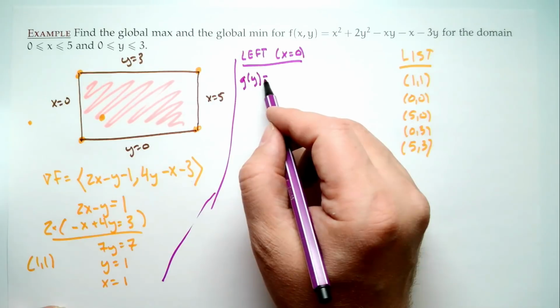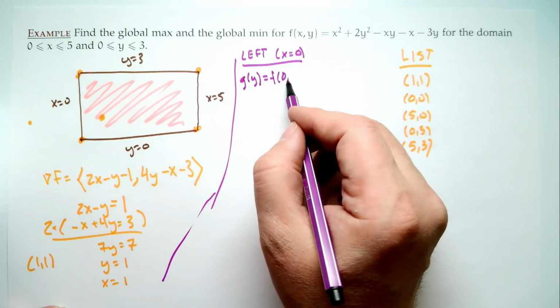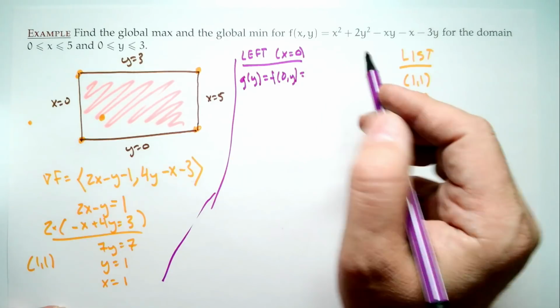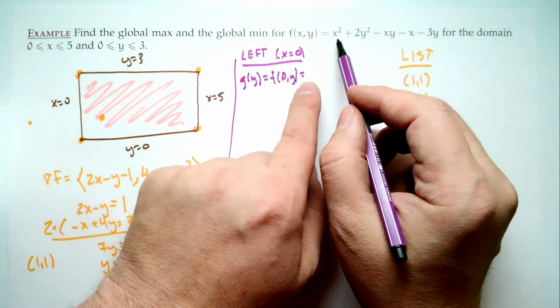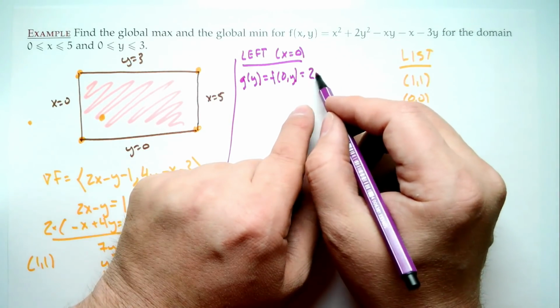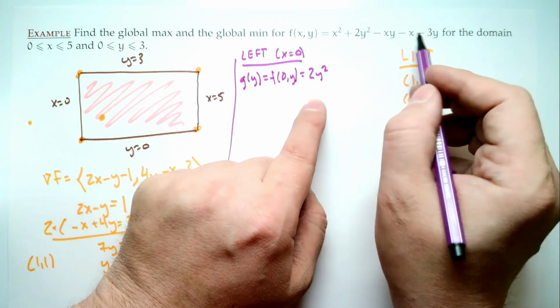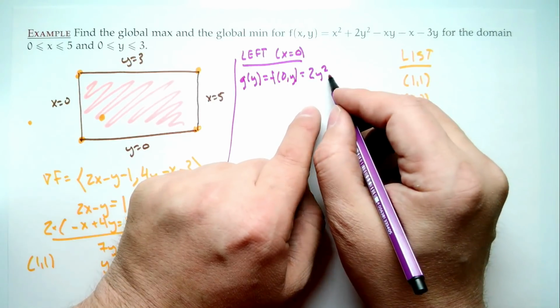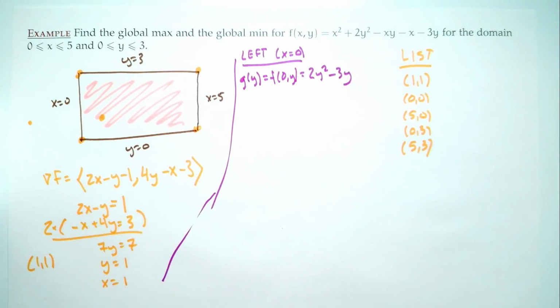I'll call it g of y. But really it's f of 0 comma y, which would be 0 plus 2y squared minus 0 minus 0 minus 3y. So the function on that left edge is 2y squared minus 3y.